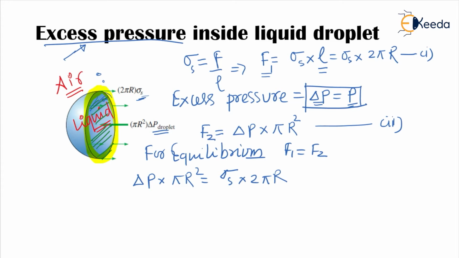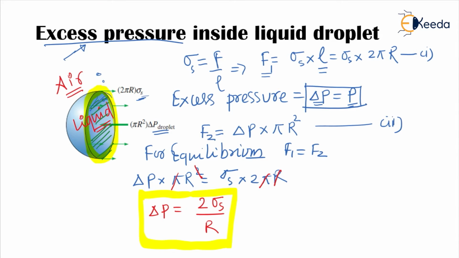If you look at this, this pi and this pi will get cancelled. This r will get cancelled with one of the r. So we can write delta P as 2 sigma s upon r. This is one of the expressions for excess pressure for a liquid droplet.